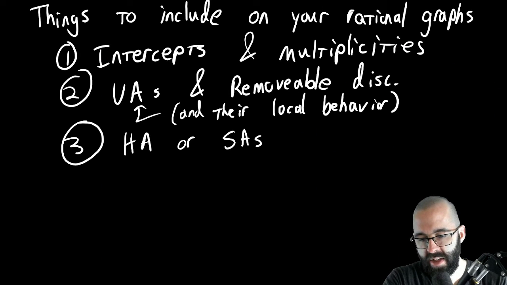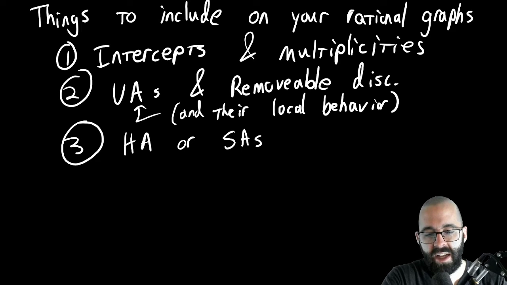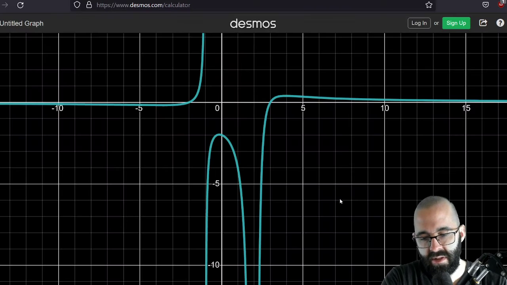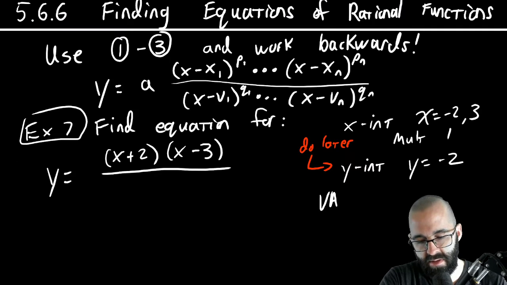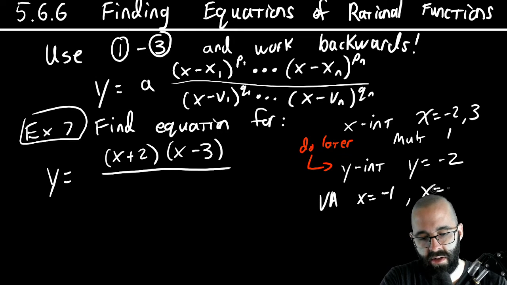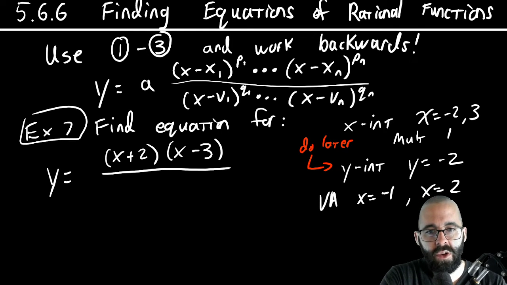Okay. What else do we want to do? We want to look at vertical asymptotes and their local behavior. And again, we already said there's no removable discontinuities. The vertical asymptotes, there's one at x equals -1, right here, and there's one at x equals +2. What about their local behavior?